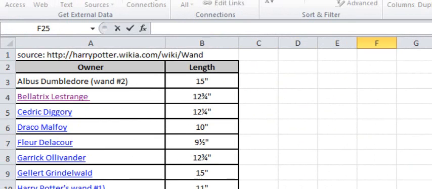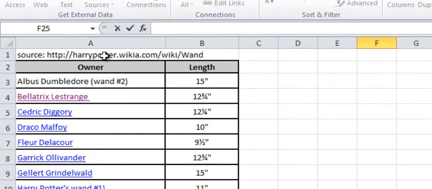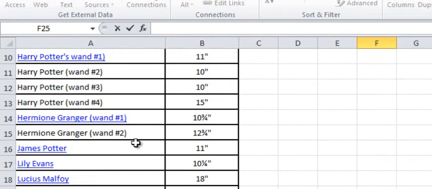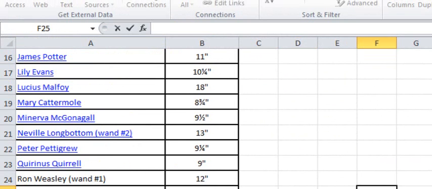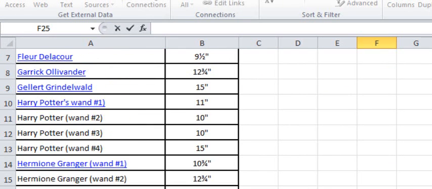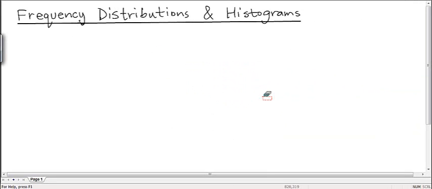I'm a Harry Potter fan, so I thought I'd use some Harry Potter data, and this is just off some website online. Since I have 27 values, I think we should use 6 classes.